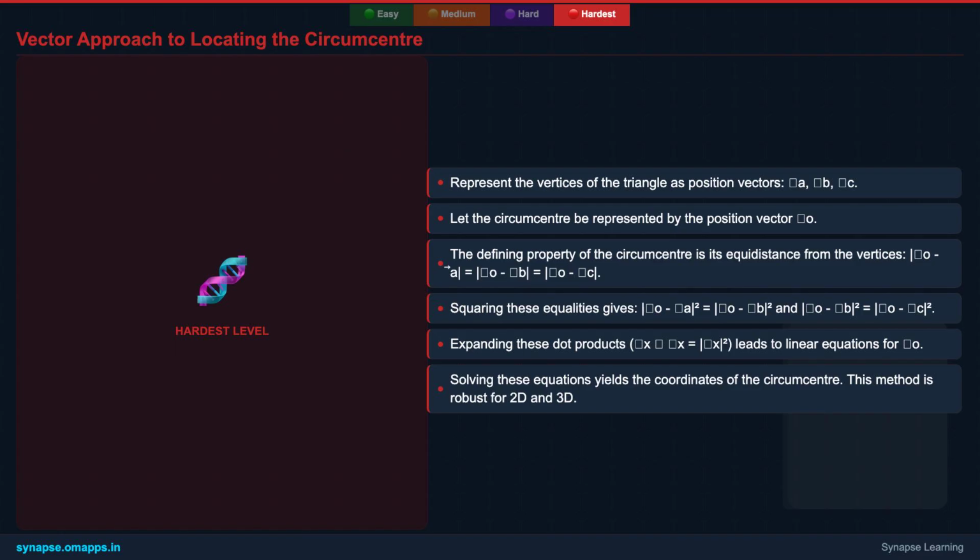This translates to the vector equation: the magnitude of O minus A equals the magnitude of O minus B, and similarly for C. By squaring these magnitudes and expanding the dot products, we can set up a system of linear equations. Solving these equations allows us to precisely determine the coordinates of the circumcenter, a method particularly powerful in higher dimensional geometry and computational applications.